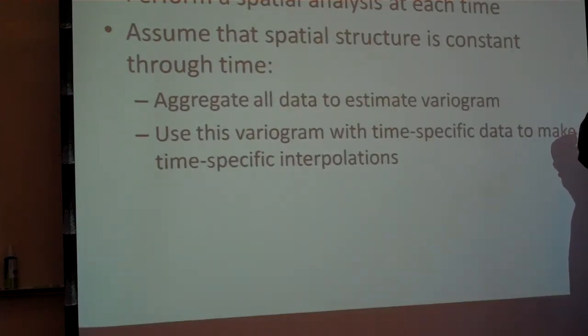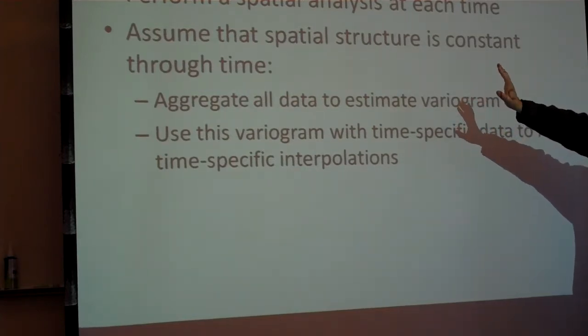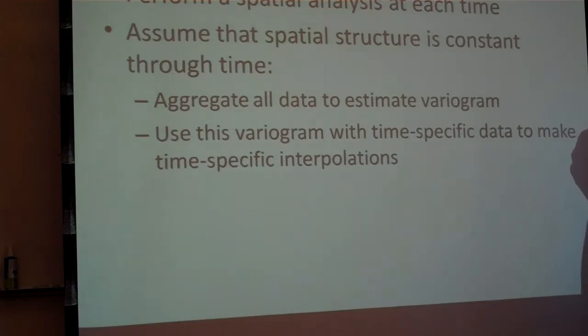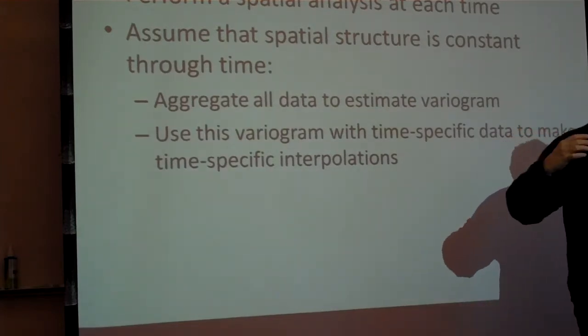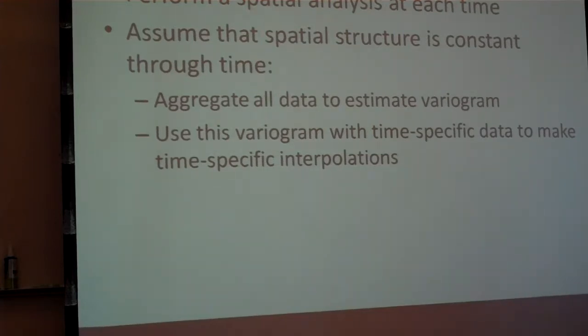You can perform a spatial analysis at each time, and that's what people working with the Sun data did. Again, it says that what goes on in terms of temperature at 4 a.m., in terms of spatial structure, is independent of what happened at 3 a.m. We're just going to analyze each time period independently and not even think about what the intertemporal correlations might be.